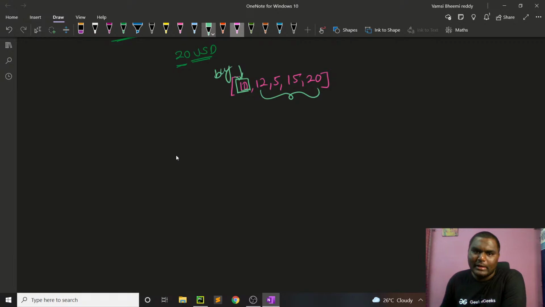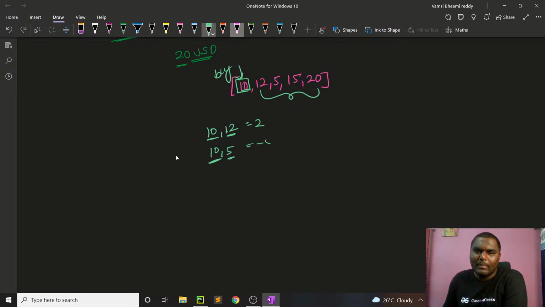and I will check at what day I can sell that particular stock to make more profit. So that is one way that we can do, right? Let's say I took 10 comma 12, meaning I bought at 10, and if I sell at 12, it will be 2 profit. Now 10 comma 5, if I bought at 10 and sell at 5, it will be minus 5.